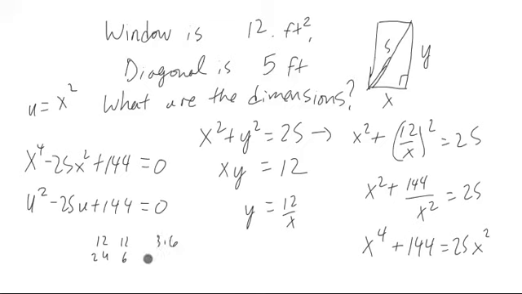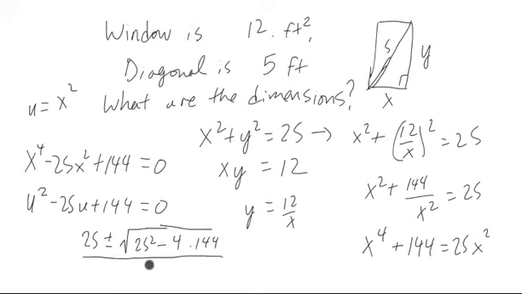So then you're left with 4 times 2. So an 8 and an 18. That gives you 26. So yeah, not quite seeing it. Maybe we should just go ahead and use the quadratic formula, or completing the square, either way. Let's do the quadratic formula: 25 plus or minus the square root of 25 squared minus 4 times 1 times 144, all over 2.